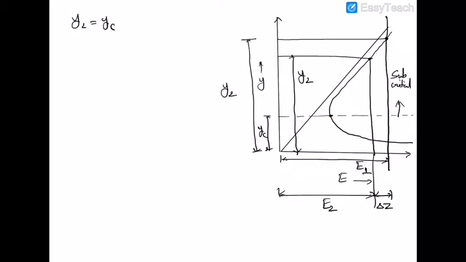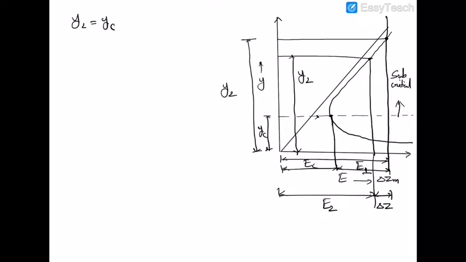At this point the depth of flow will be yc and the specific energy will be minimum, and in this case the height of the hump will be maximum, which is denoted by delta Zm.